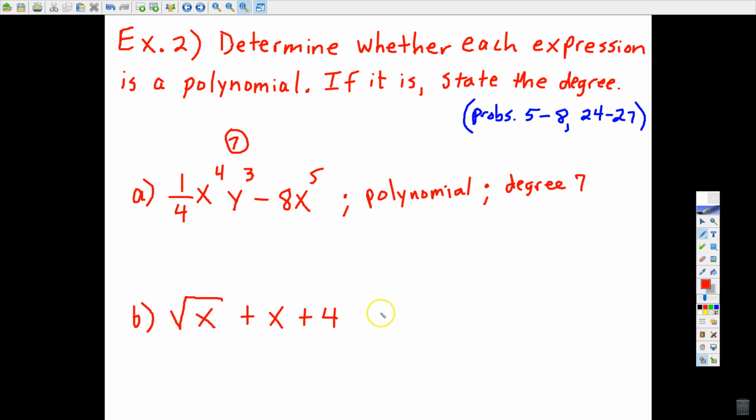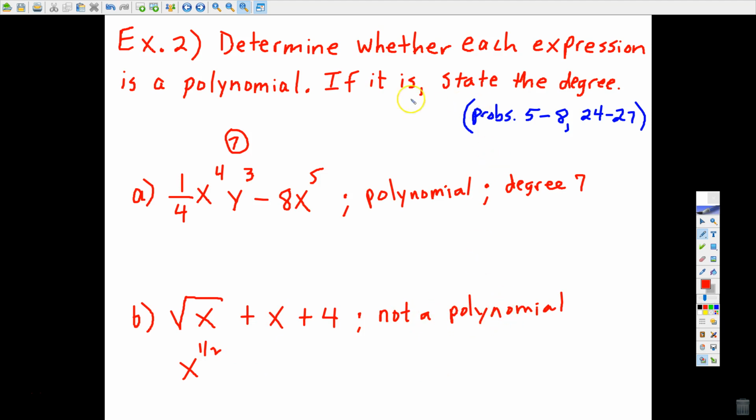Letter B, not a polynomial, and we discussed that earlier, because the square root of x, if we looked at that in exponent form, and we will later, is like saying x to the 1/2 power. 1/2 is not an integer, and to be a monomial, it has to be a positive integer.